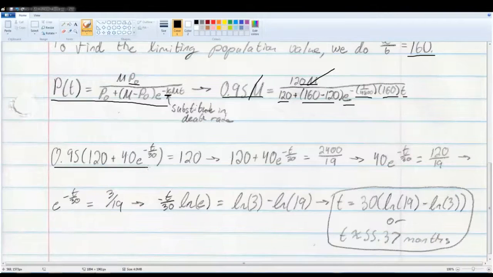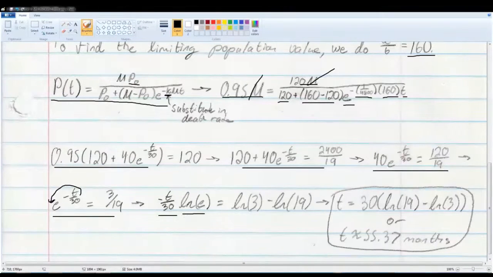160 minus 120 is 40. Multiply that to the other side. Then divide both sides by 0.95. Then subtract 120, and we're left with this, which we divide by 40. Now we take the logarithm of both sides. Of course, the exponent comes down, and we're left with negative t over 30 times ln of e.